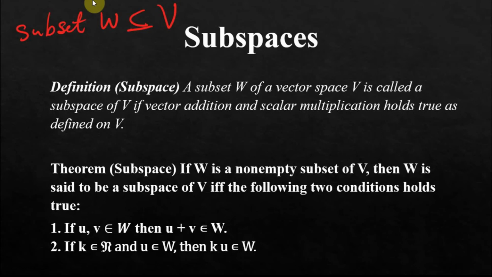Then W is said to be a subspace of V if and only if the two conditions hold true. That is, if u and v are vectors in W, then u plus v, the sum, is also a vector in W. And if k is a scalar and u is a vector, then k times u is also in the subset W. If these two hold true, then we say that W is a subspace.